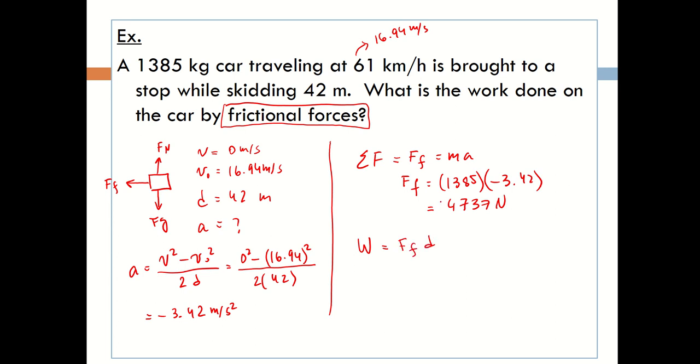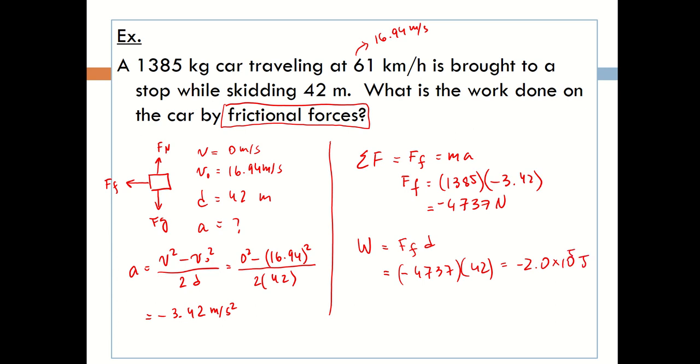And I dropped my negative, so that should be negative there. So in this case, we get negative 4737 times 42, equal to negative 2.0 times 10 to the 5th joules.